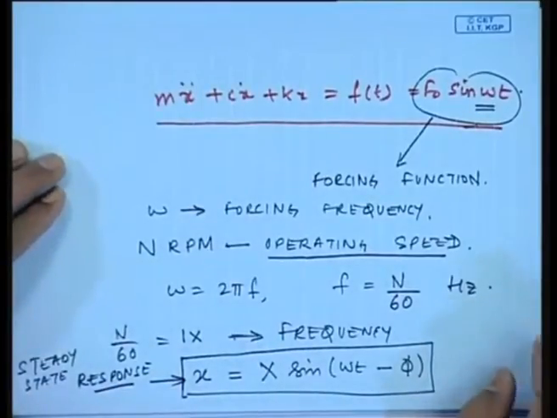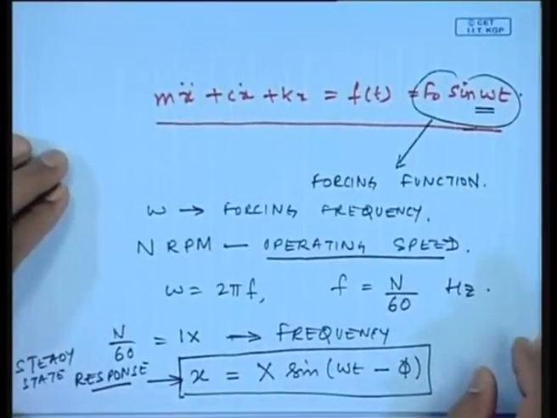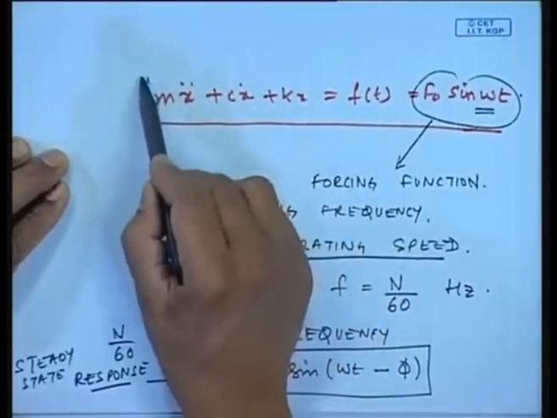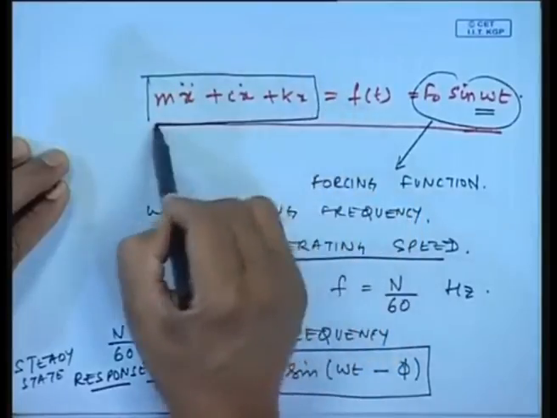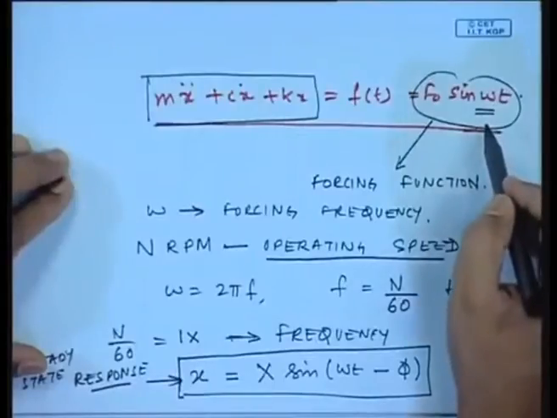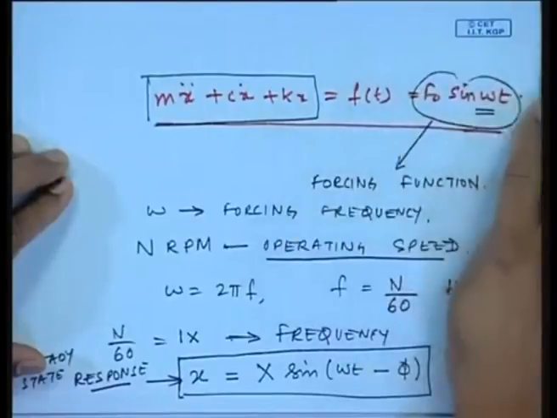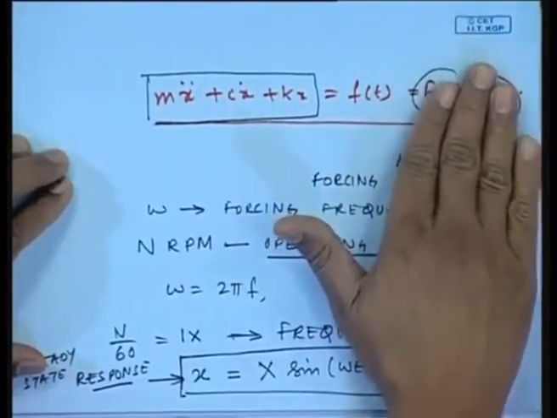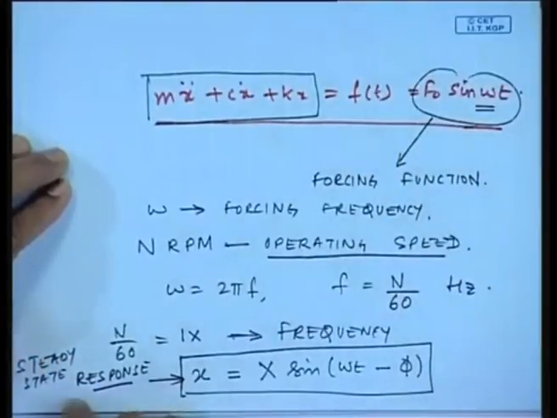Because you would appreciate that this system which has been represented by this equation will have a response, but where is the energy coming from to generate this response? It obviously has to come from this forcing function. So, that means if this forcing function was not there, if the right hand side was 0, I would not have a steady state response.